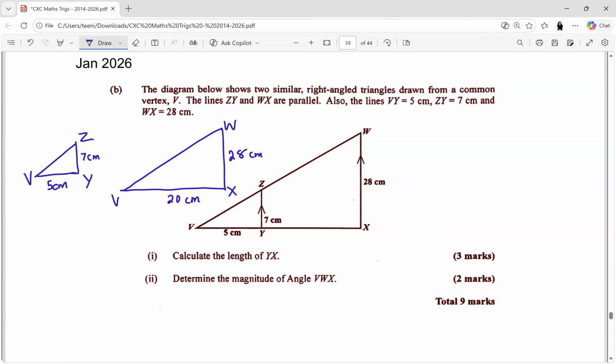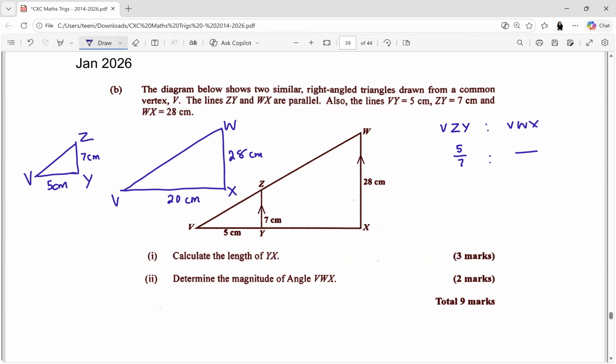How you can work it out, though, is you could write the ratio of the sides, right? What do I mean by the ratio of the sides? Well, the first triangle, VZY, and then you have VWX. The ratio of the sides will be, say, 5 over 7, and for VWX, the side corresponding to 5 is the side we're trying to find.